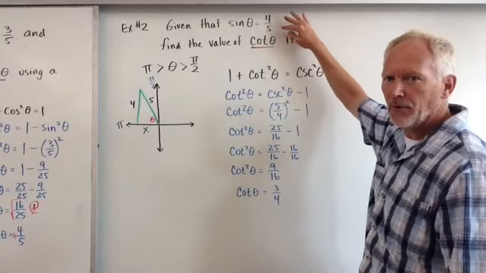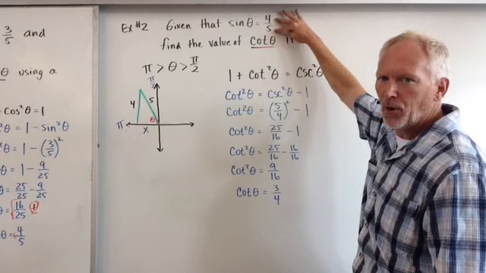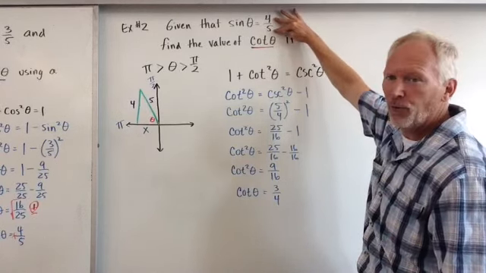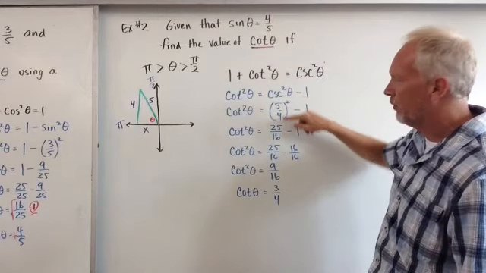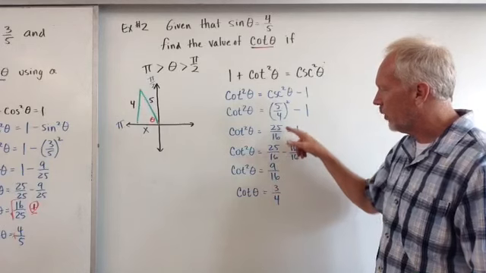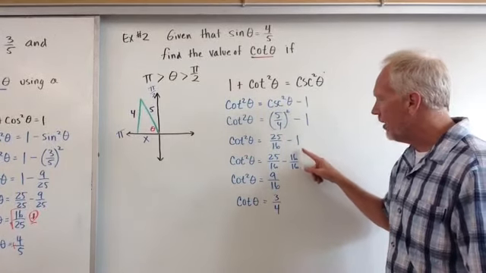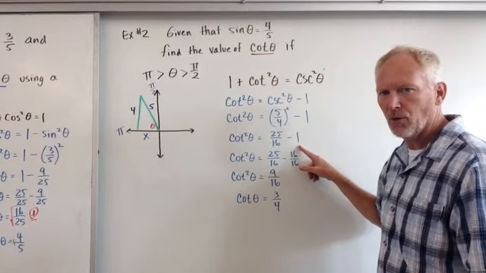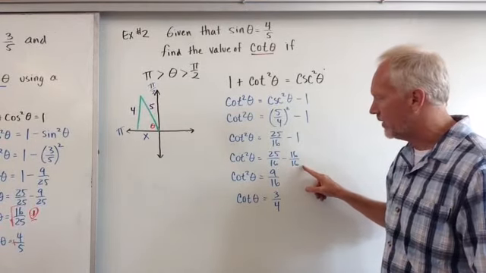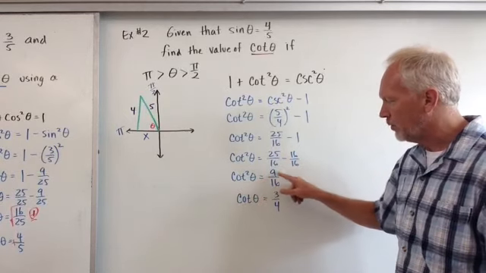Recall from the previous video that the cosecant is the reciprocal of the sine. So I simply took the reciprocal of 4 over 5, which is 5 over 4. I plugged it in, squared it. Cotangent squared is equal to 25 over 16. Now I need a common denominator. If I'm going to subtract 1, 25 over 16 minus 16 over 16 gives me cotangent squared is equal to 9 over 16.